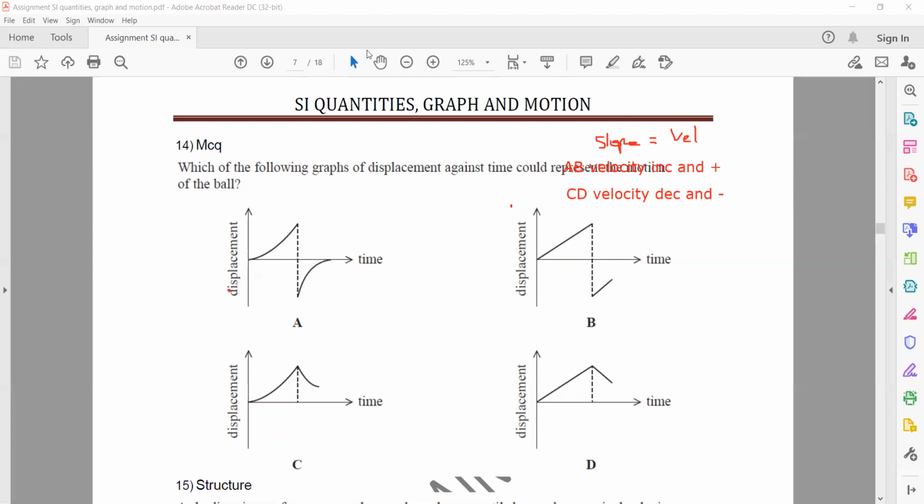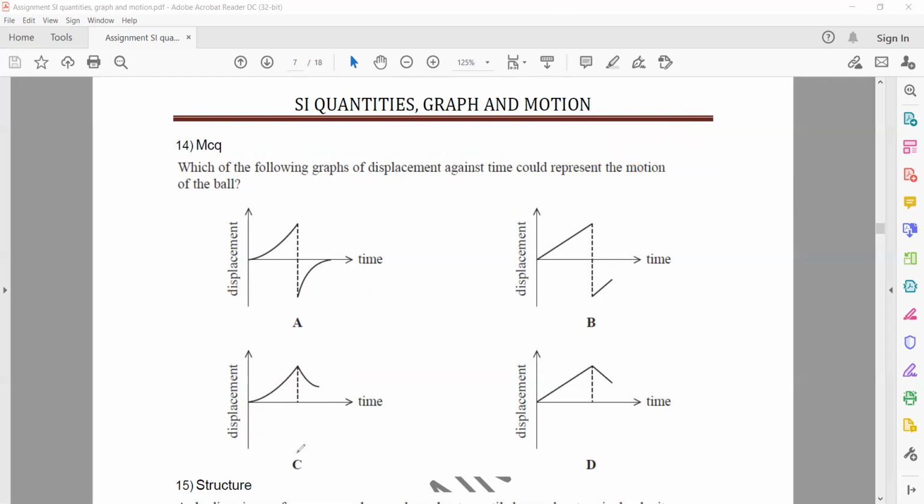Then when we check B, displacement time graph, here the slope is constant. If the slope is constant, the velocity is constant, so it cannot be B as well. When you check C, the slope is increasing, so the velocity is increasing. And here the slope is decreasing, so the velocity is decreasing. And what about the value of the slope? That is negative.